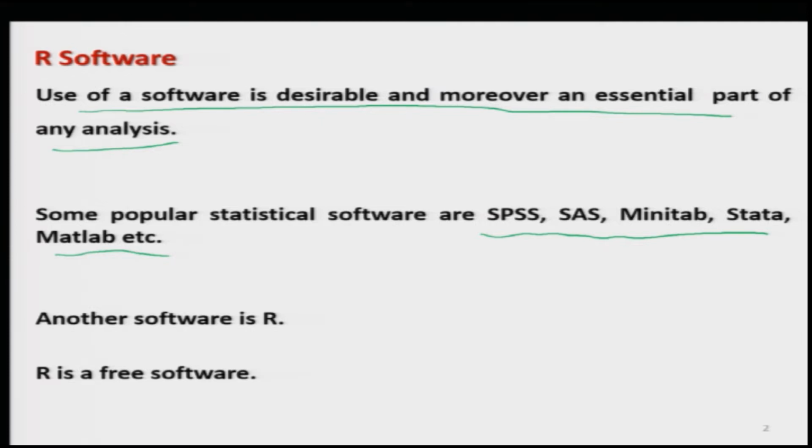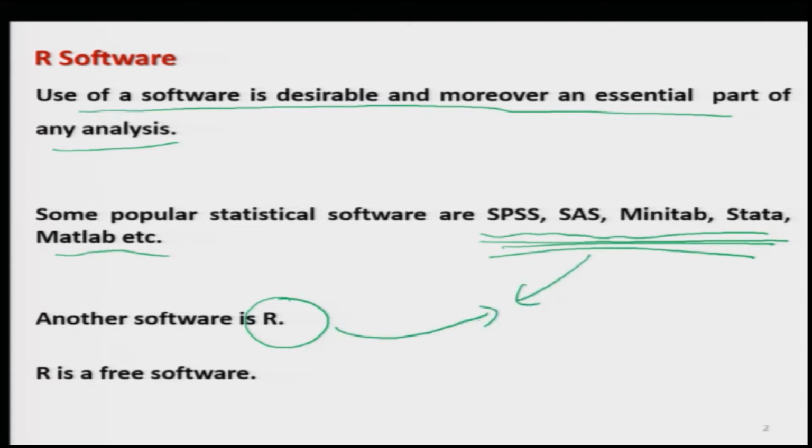And similar to these, there is another software which is called R. One of the biggest differences between software like SPSS, SAS, Minitab, Stata, etc., and R is that R is free software, whereas SPSS, SAS, Minitab, Stata, MATLAB, etc., are paid software.